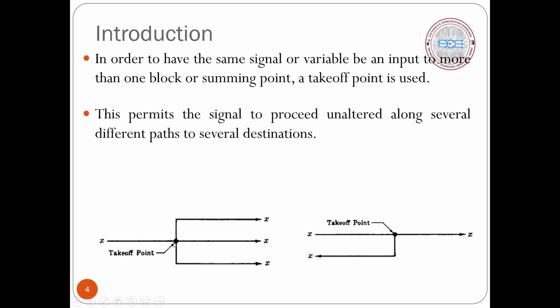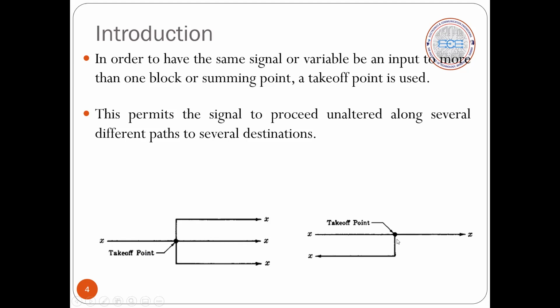The signal strength is the same, the same signal going to three different points, and this junction point we call a takeoff point. We are taking a copy of the signal to some other point here, and again the signal is going to some other point. This is what we call a takeoff point.